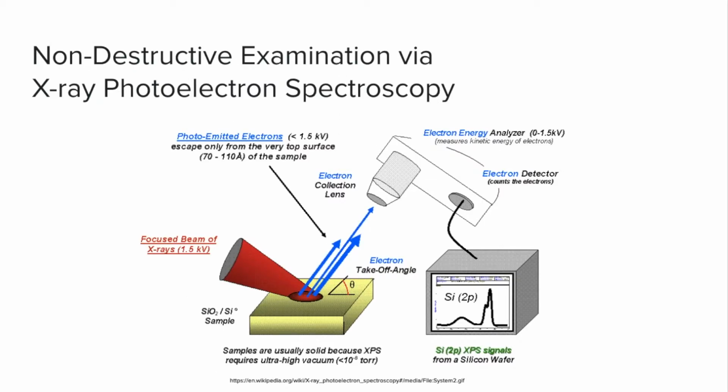There are several different non-destructive examination methods to determine the properties of the passivation layer. One is X-ray photoelectron spectroscopy. Here, a higher energy X-ray is emitted onto the surface of the material at a certain angle. The electrons are emitted from the surface and are collected at an electron energy analyzer.